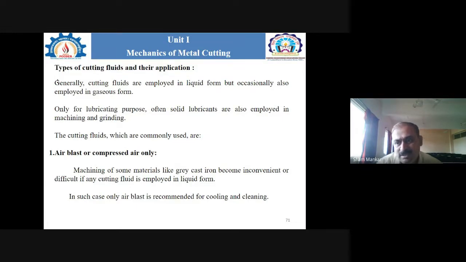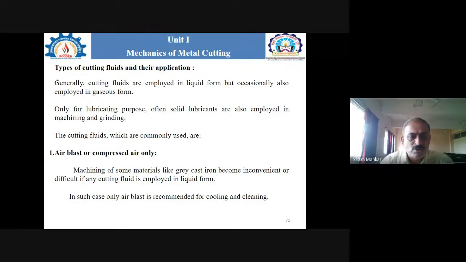As we know, there are different kinds of cutting fluids, so we are going to categorize them. This is the first one, air blast or compressed air, which is used only for materials like gray cast iron, which has a different chemical composition as well as different chemical characteristics.